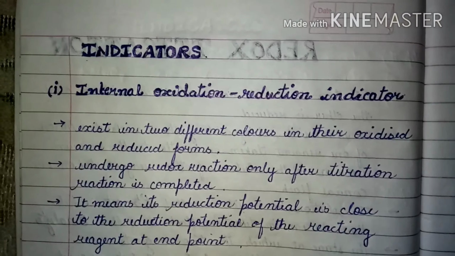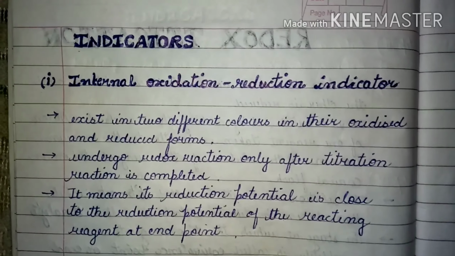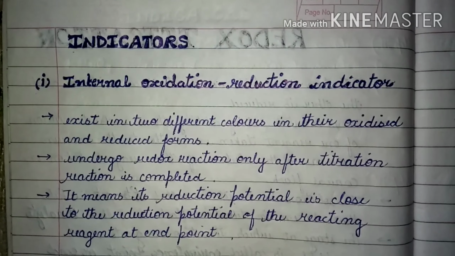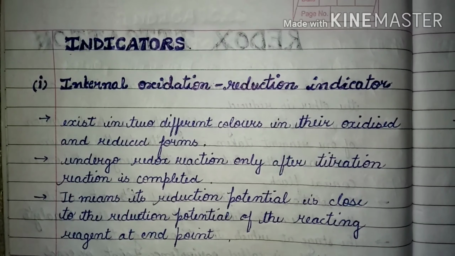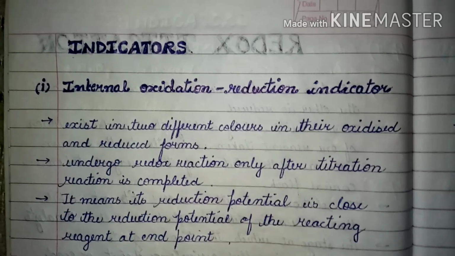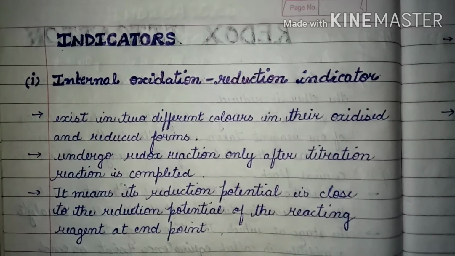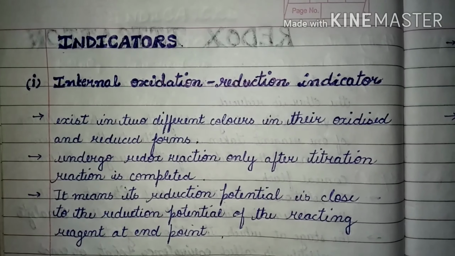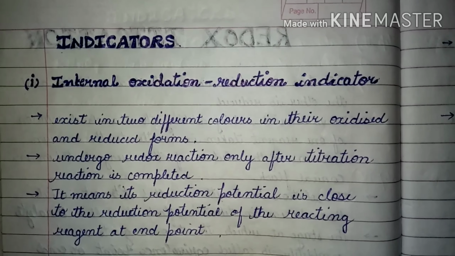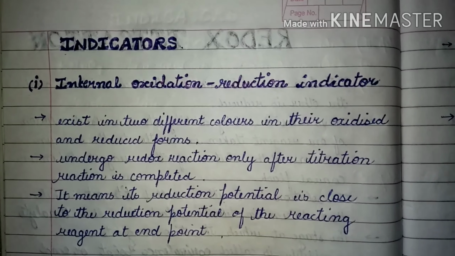Okay, so now what are the indicators which we use in the redox titration method? The indicators which we use here are very different from the indicators which we use in acid base titration. For acid base titration I will make a lecture series for better understanding.